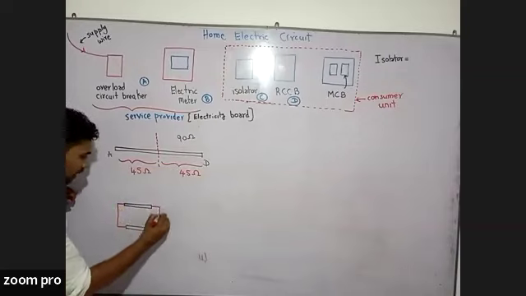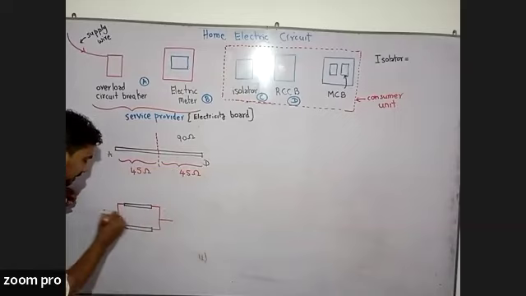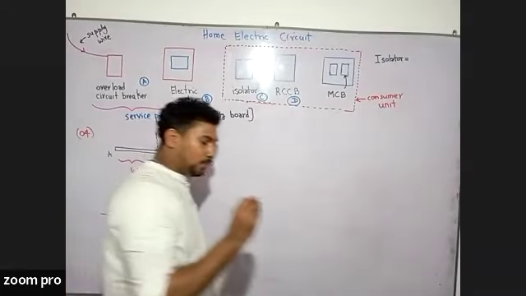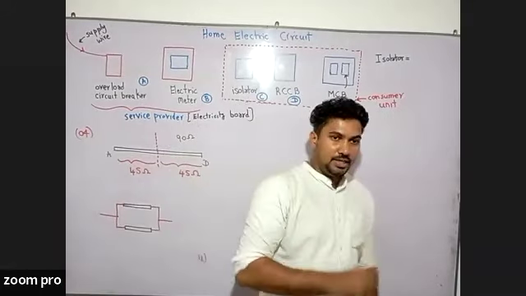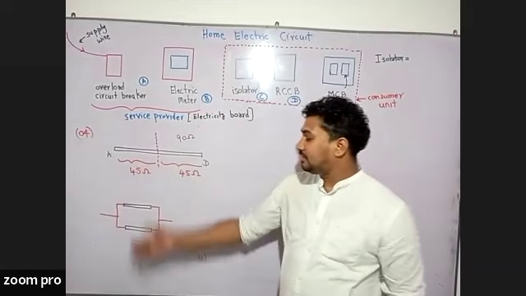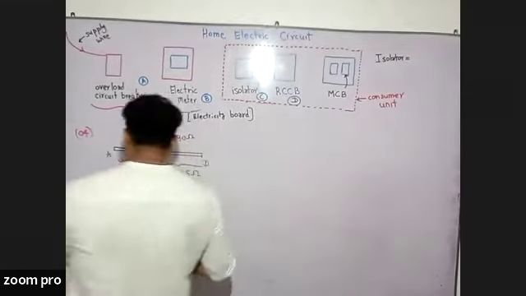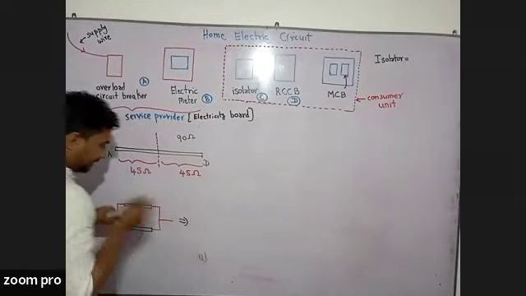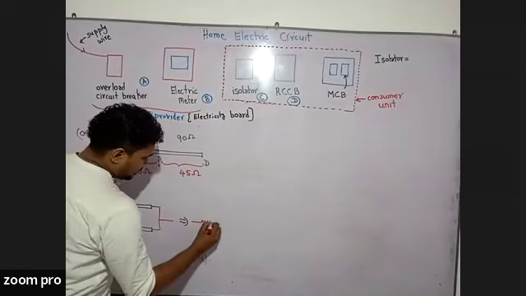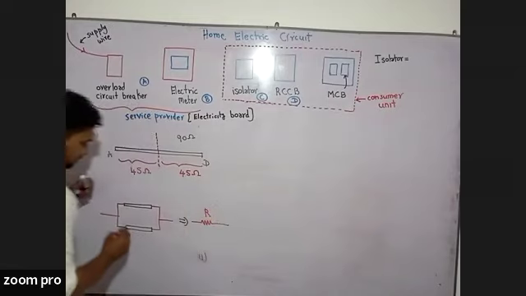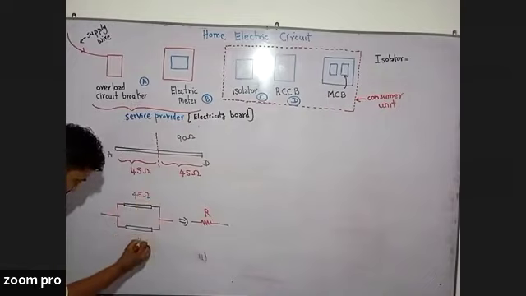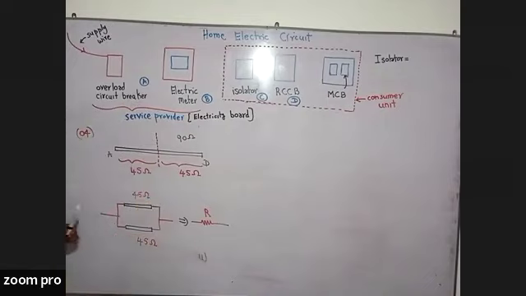Then you are asked to obtain the equivalent resistance of this wire, right? Now you know how to obtain the equivalent resistance in a parallel resistor system, right? So let's assume the equivalent resistance is R, and this one has 45 ohm, this also has 45 ohm.